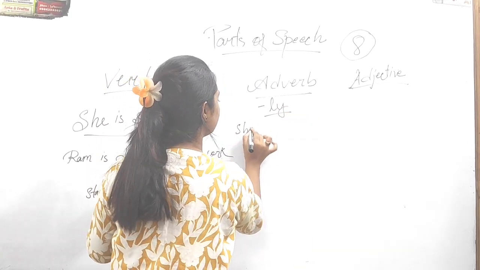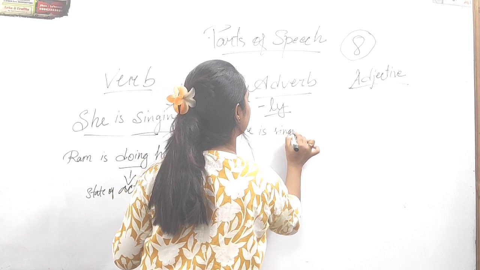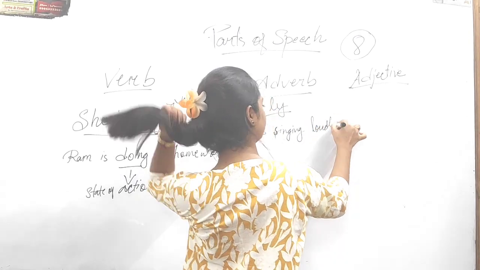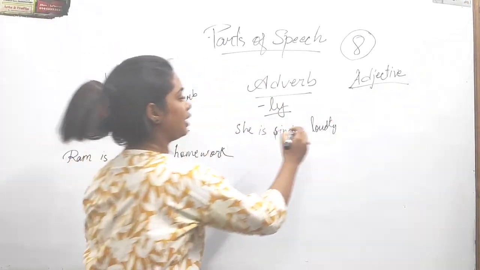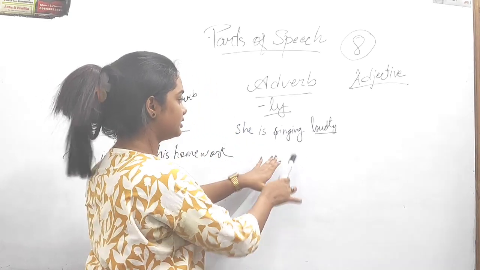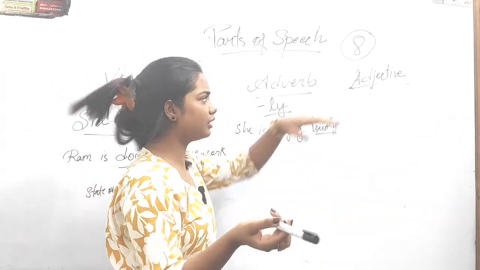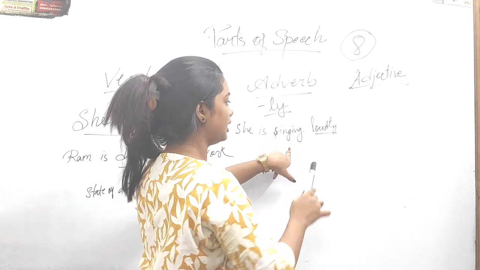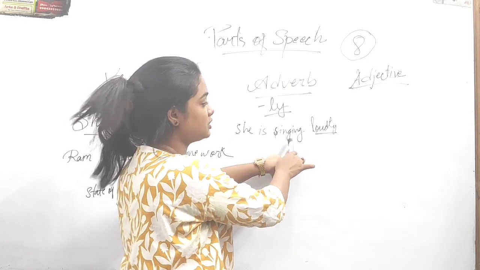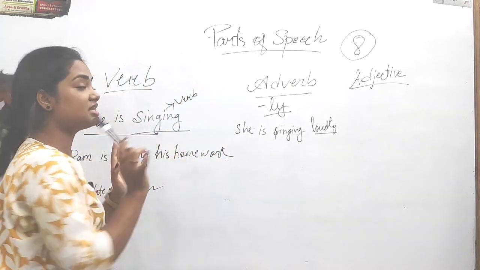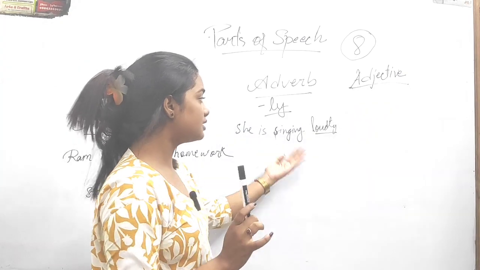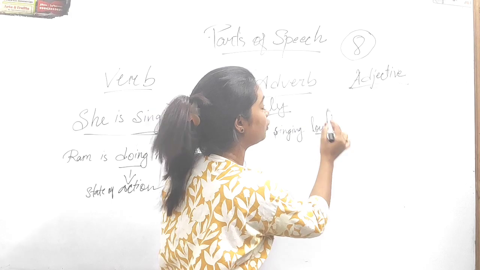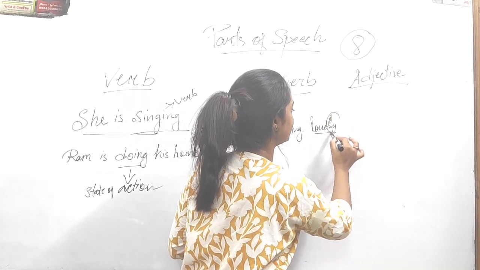So she is singing loudly. So loudly becomes your adverb. It is sitting with your verb. It might sit with your adjective as well, but for now it is sitting with singing, and it is giving meaning to this verb. Before we only knew that she was singing, but now you know that she is singing loudly. So as I said, it mostly ends with ly. So remember this.